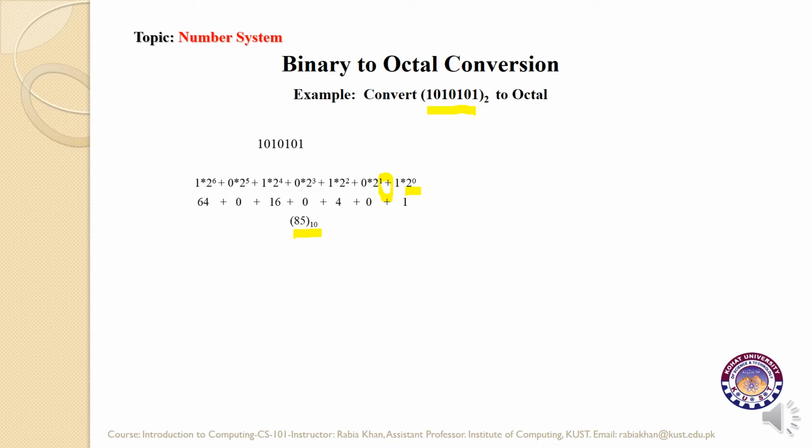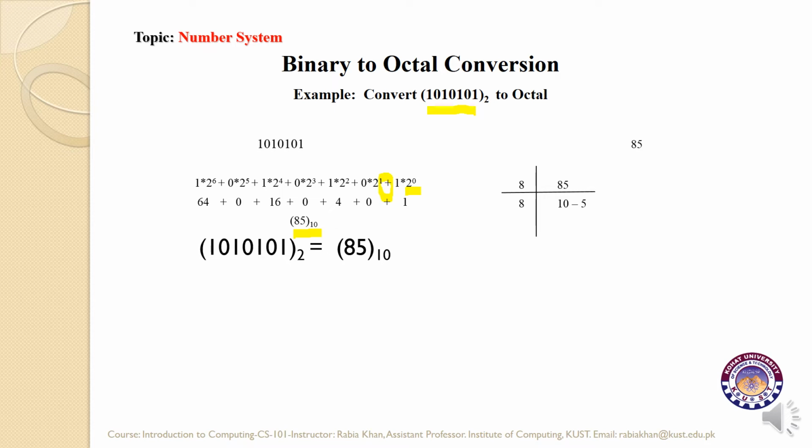Now in second step we have to convert this decimal number into octal number system, and this we have already done in previous lecture. What is the procedure? We have to divide this decimal number successively by 8. So 85 is the decimal number, and we divide 85 by 8. The result is 10 as quotient and 5 as remainder.